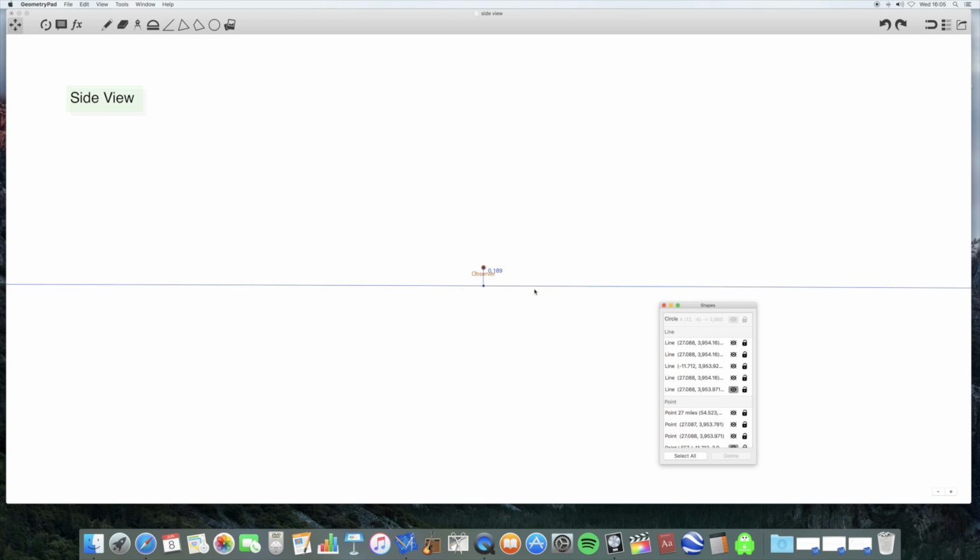Now 0.189 is miles, so sorry, 0.18 miles is roughly 1,000 feet. So this is about 1,000 feet. So this is supposed to represent an observer 1,000 feet above this line here.